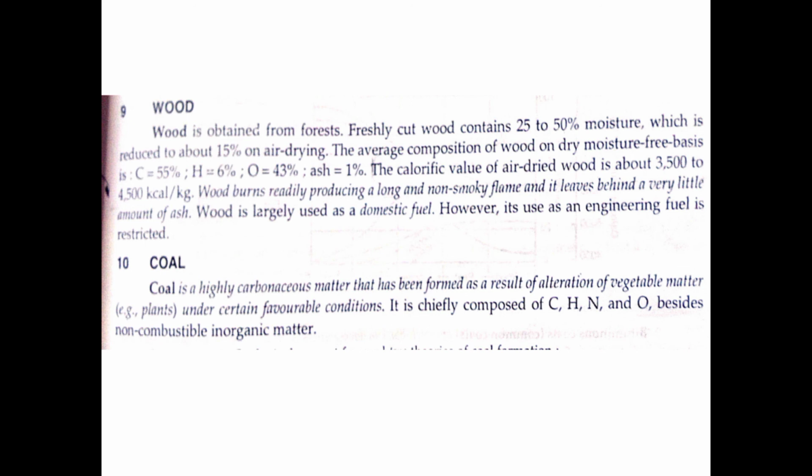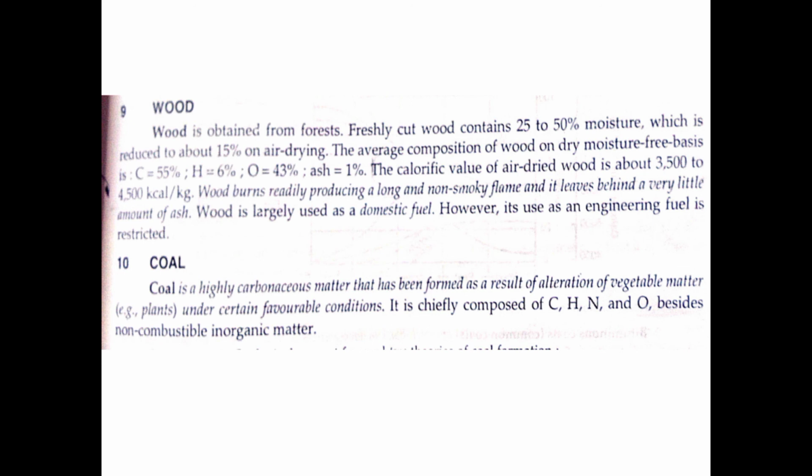Okay. The second solid fuel is coal, and it is a highly carbonaceous matter which is formed as a result of alteration. Alteration means change, or badal in Marathi, of vegetable matter under certain favorable conditions.